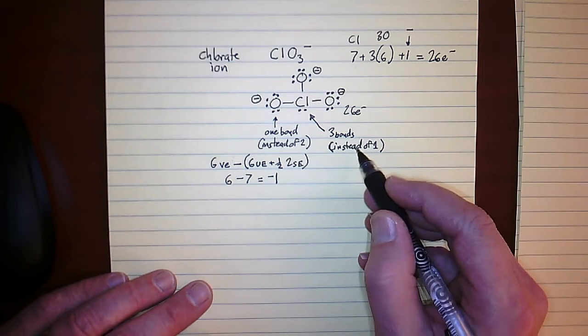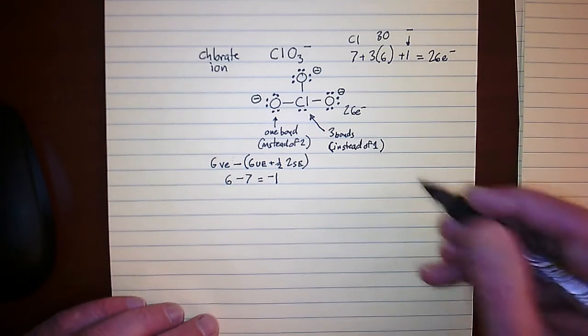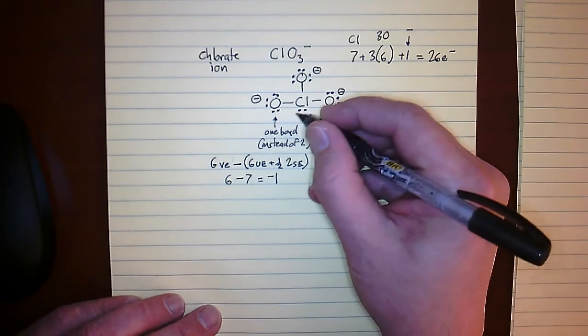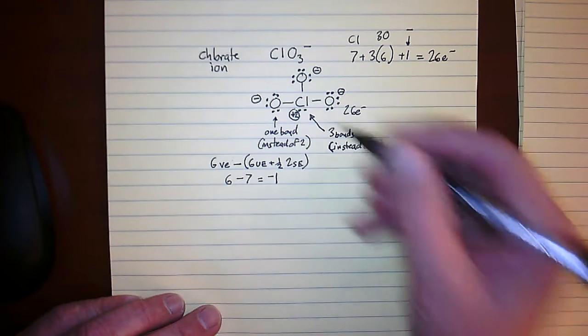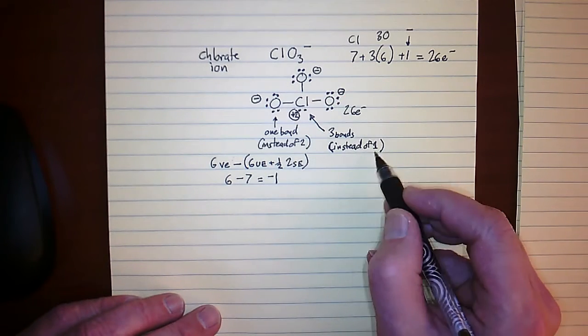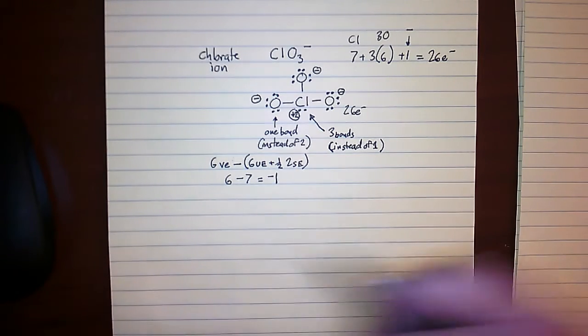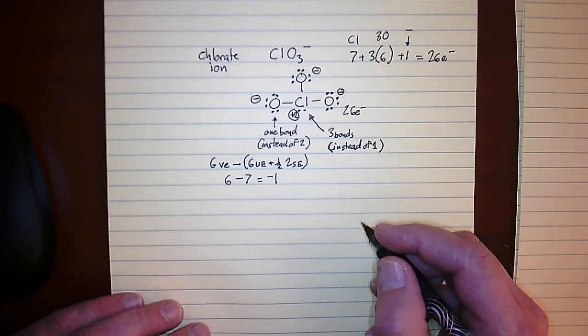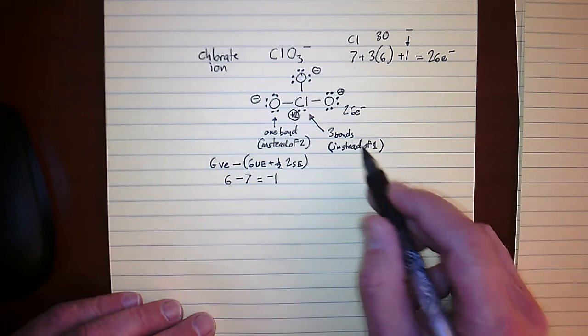Well, 3 bonds instead of 1 means the electrons are pulled farther from it. And so we're going to assume that that would cause a +2 charge. Why +2? Because it's 2 more bonds than normal, so you've pulled 2 extra electrons away from the chlorine. So I predict +2 based on this difference.